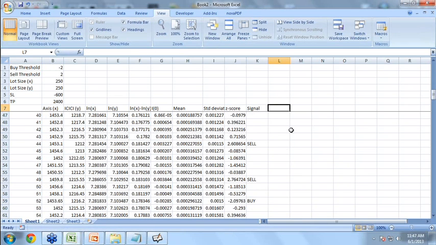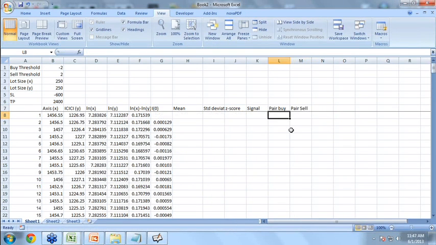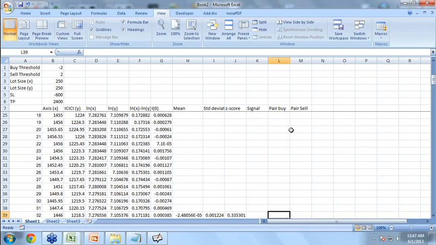All right. So now the next step is to find out the prices at which we are buying or selling this. So pair buy and pair sell. So what I will be doing is, if this is equal to buy, in that case I'm buying X. So my price at which I'm buying is this price.